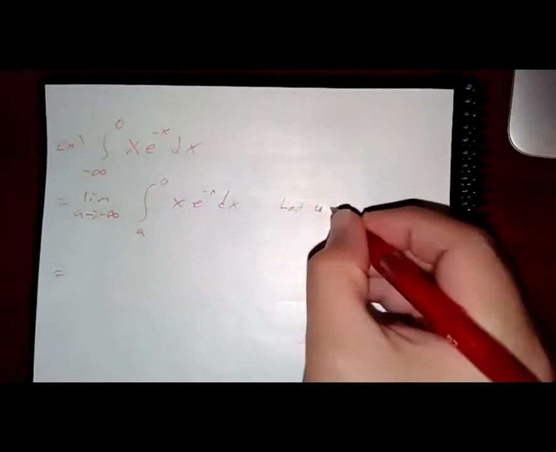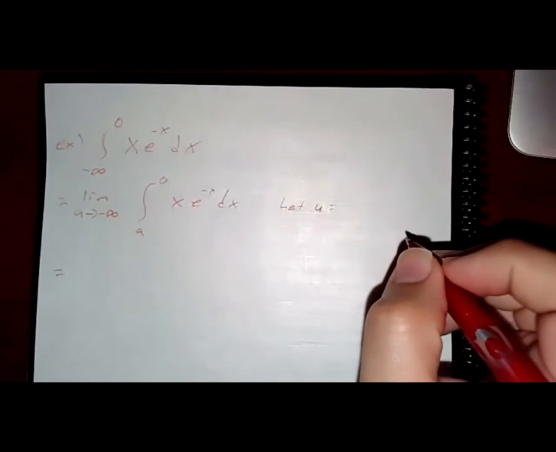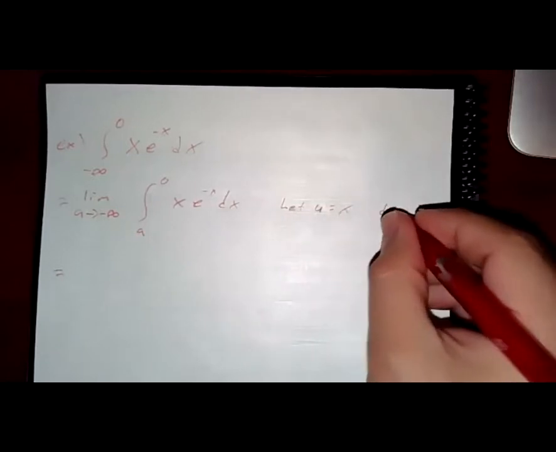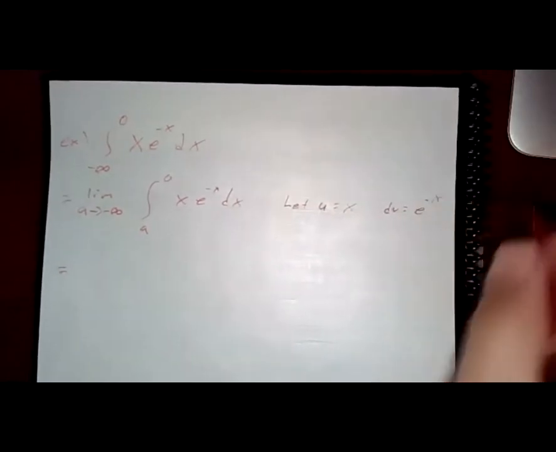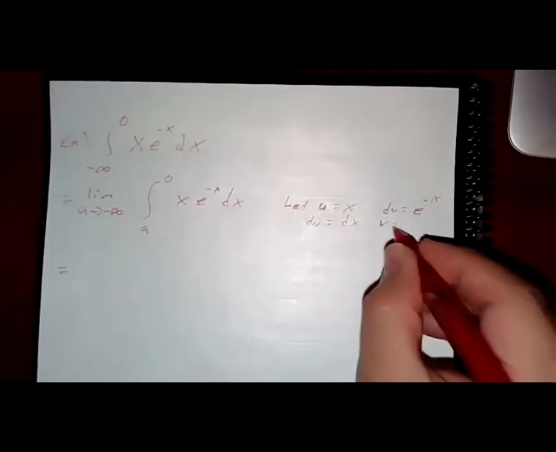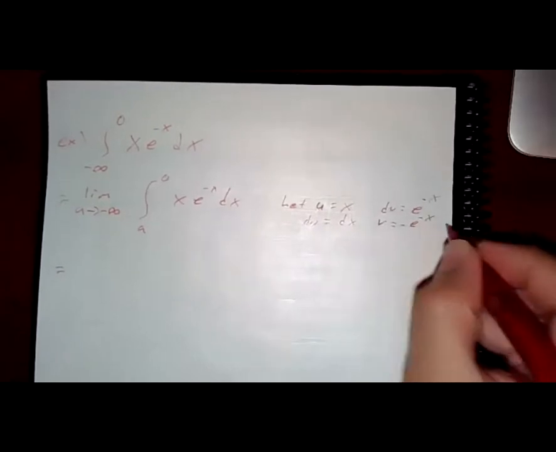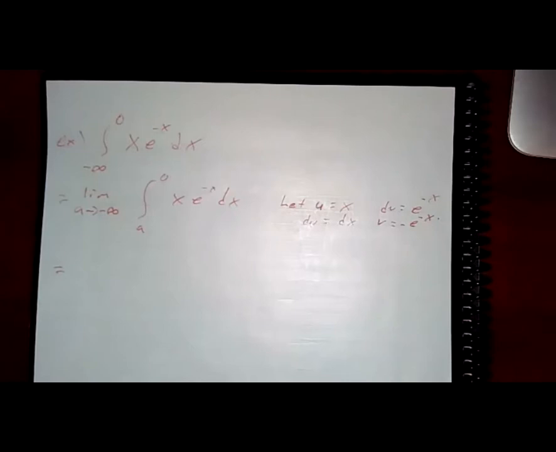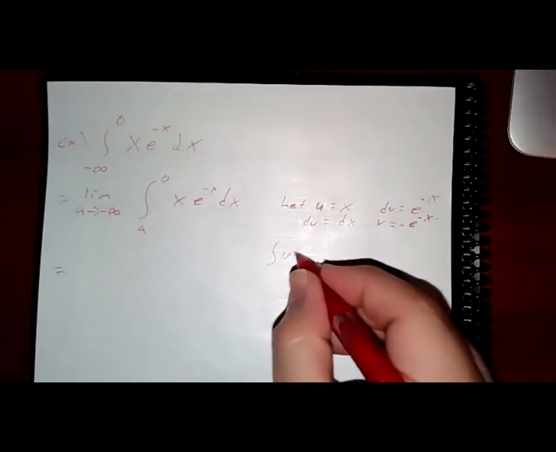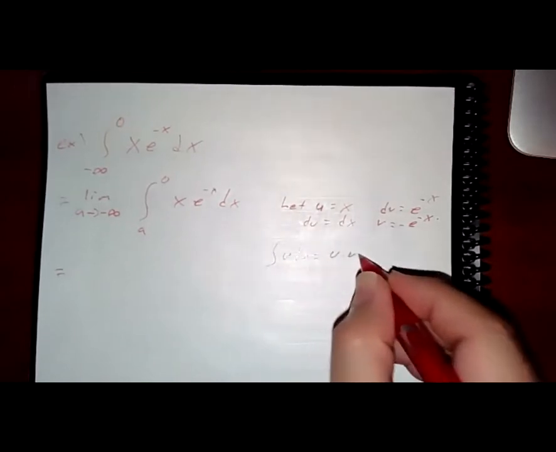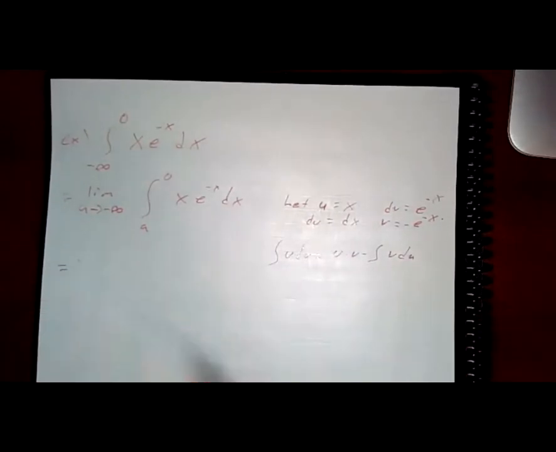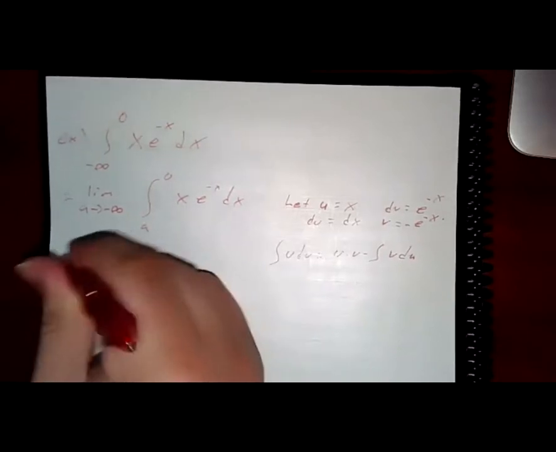So let u equal x, dv equal e to the negative x, du will be dx, v will be negative e to the negative x. So the formula is the integral of u dv is equal to u times v minus the integral of v du.